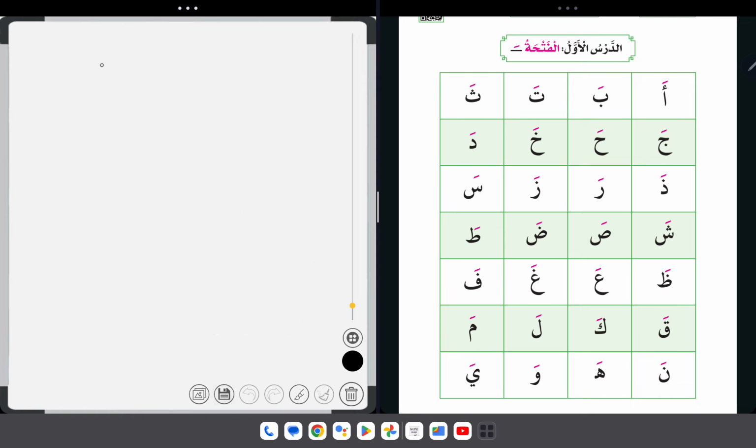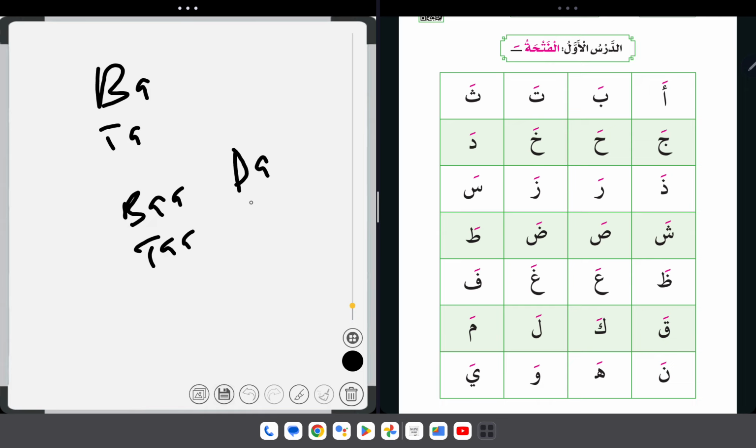So there's a difference between the sound ba, ta, and ba, ta. All right. And the difference between the sound da, the, and the sound da, the. Here, there is no elongation, but here there is an elongation. So we have to be careful.